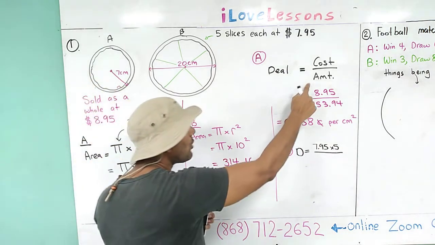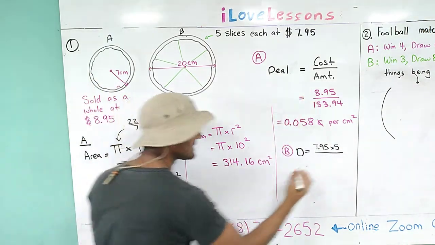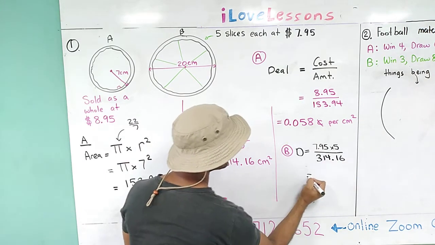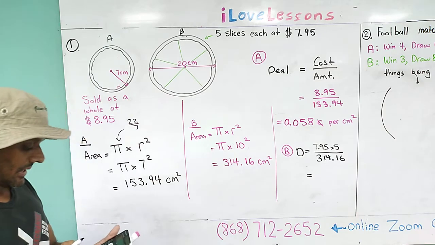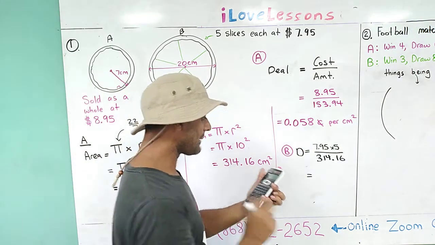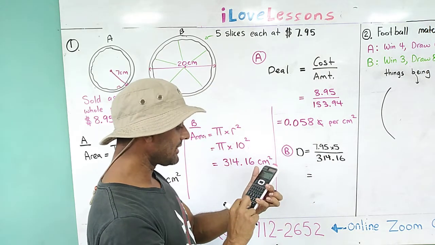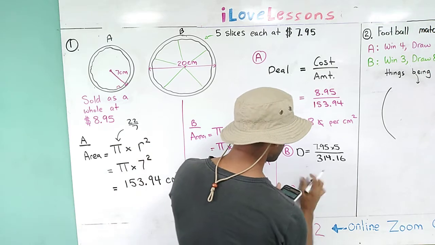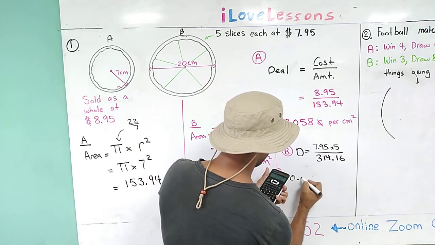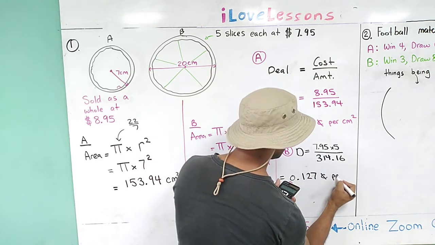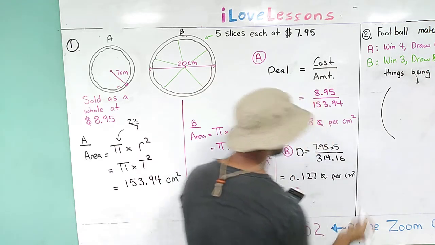And what's the amount or area of the whole pizza? 314.16. Let's divide this. $7.95 multiplied by 5 divided by 314.16. And I get 0.127 cents per centimeter squared.